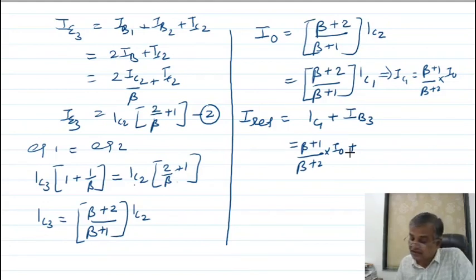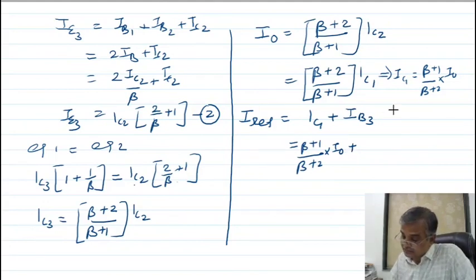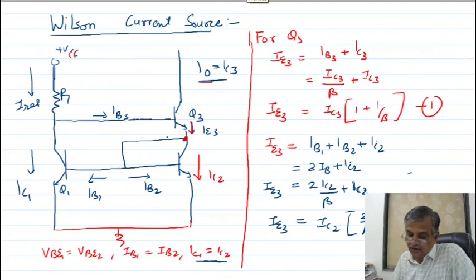what is IB3? Look here, if you want to find this IB3, for this transistor I can write beta is equal to collector current upon base current.